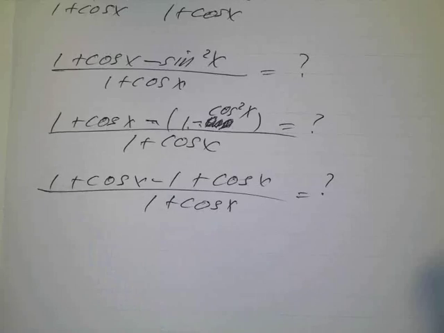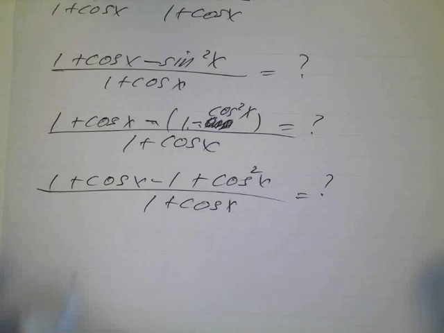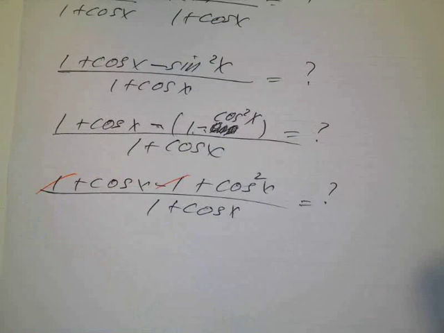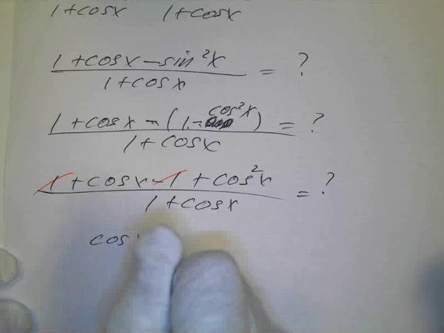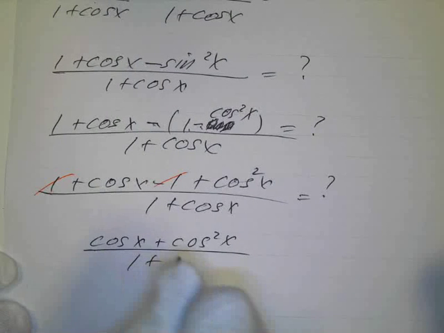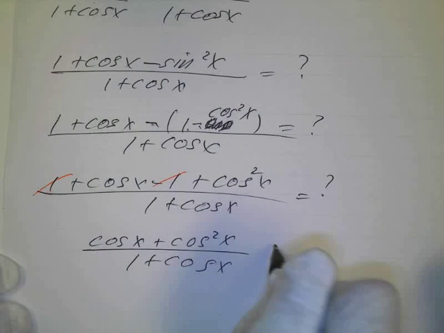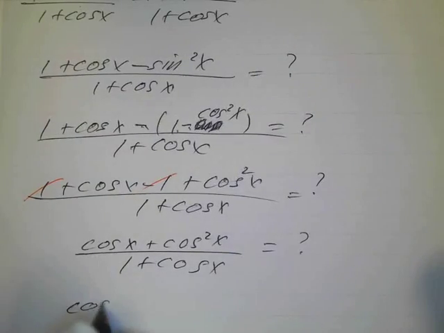Now what do these ones do? These ones cancel, don't they? And 1 minus 1 is 0. So now I've got the cosine of x plus the cosine squared of x all over 1 plus the cosine of x. Can I factor out the cosine? Sure.